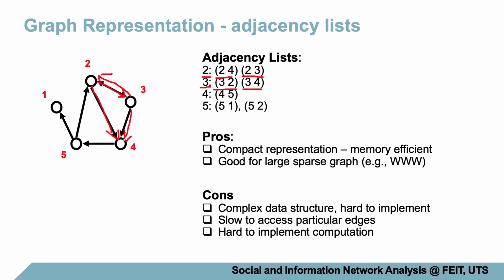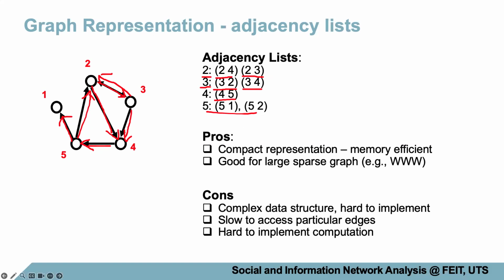For vertex 4, we have the out edge from 4 to 5. For vertex 5, we have 5 to 1 and 5 to 2. That's the adjacency list for vertex 5. By listing these edges, we describe the graph. All the edges have been put up here. So this is the first format.